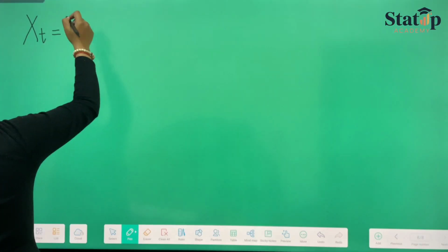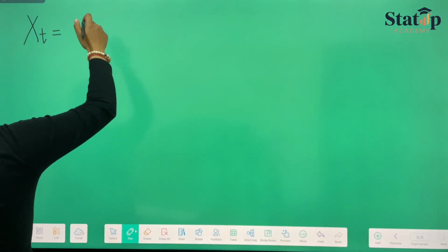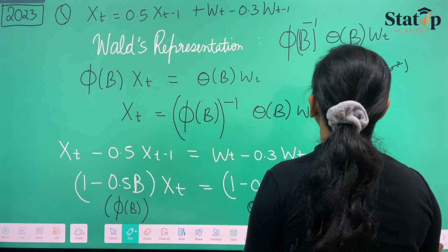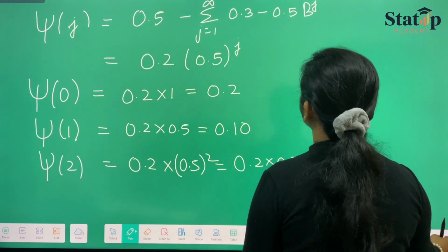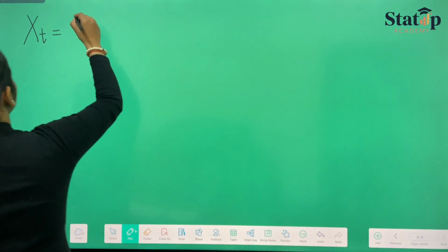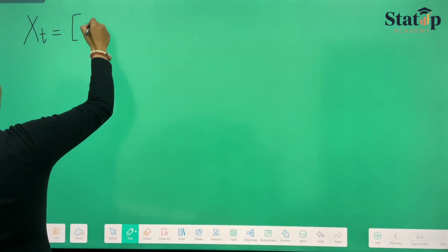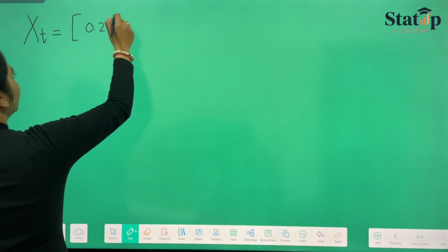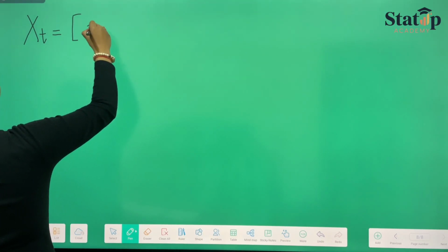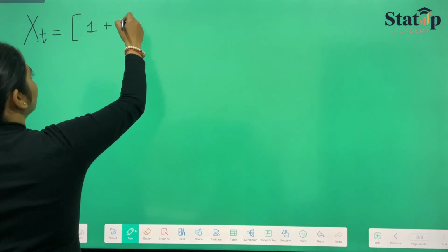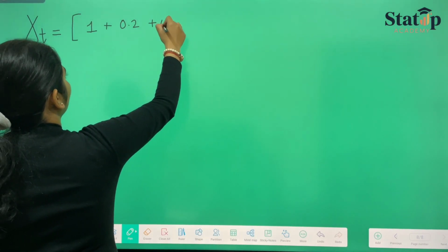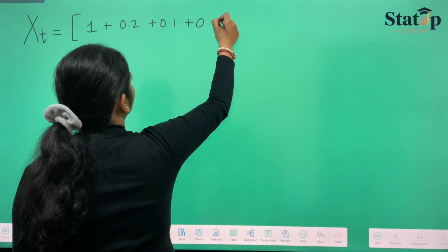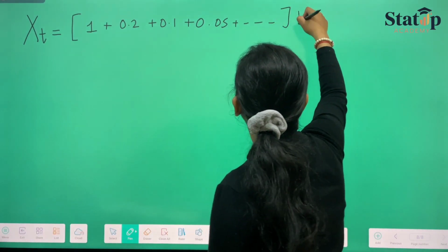So our Wold's identity would become xt equals 1 plus, first one is our 0.2, then it will be 1 only, then 0.2, then 0.1, then 0.05, and so on into wt.